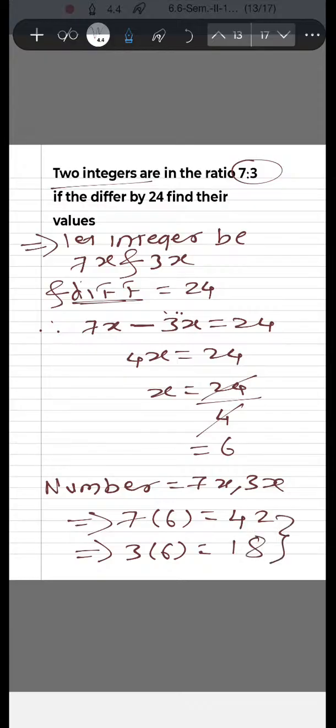So the numbers are 42 and 18. This is how you have to solve the questions.